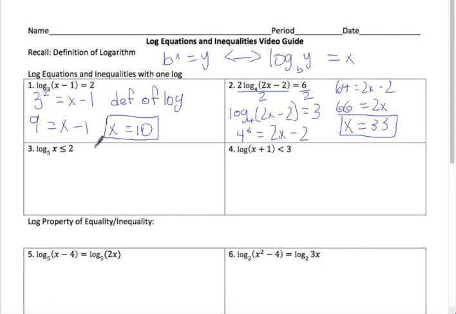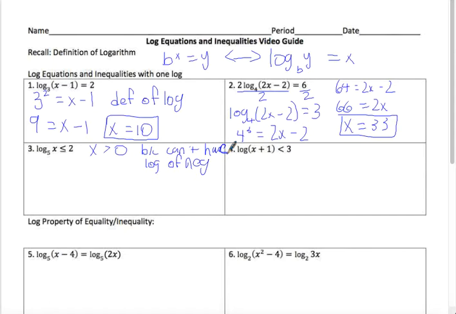So we have to start on the assumption that x must be greater than 0, because we can't have a log of a negative. Using that initial assumption, we have to take that into account in our final solution.